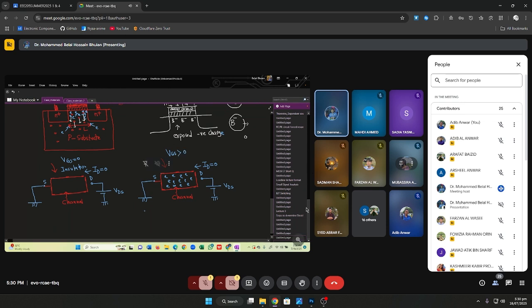So we've got electron accumulated. What can I say? Isn't that become conductive? This particular region, this particular channel, become conductive.